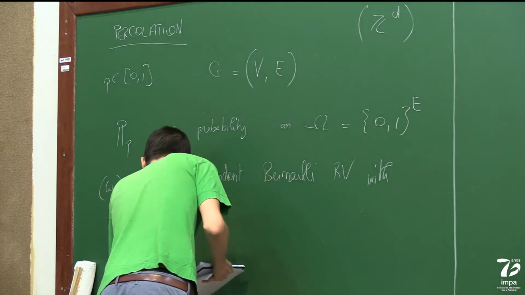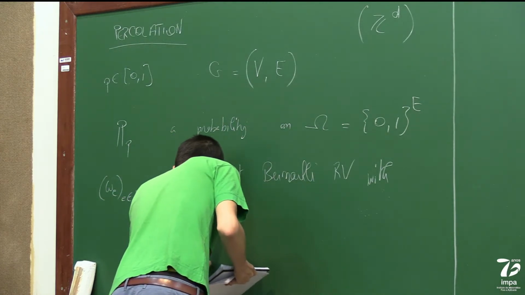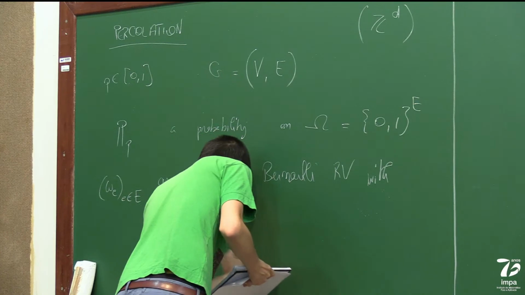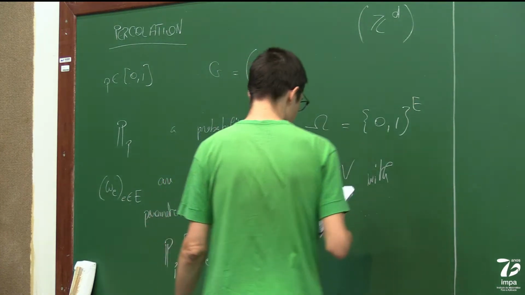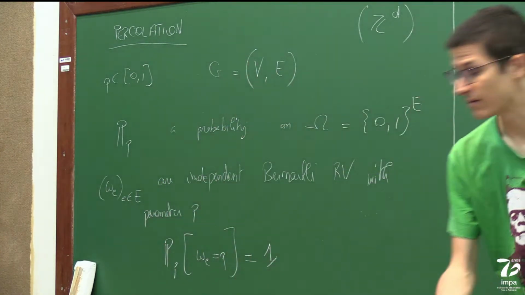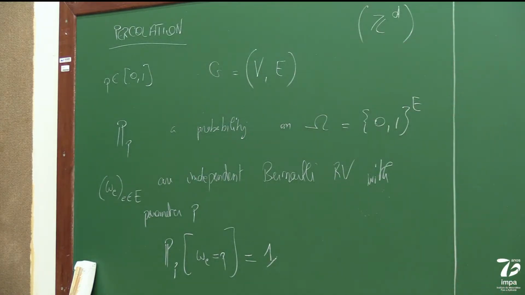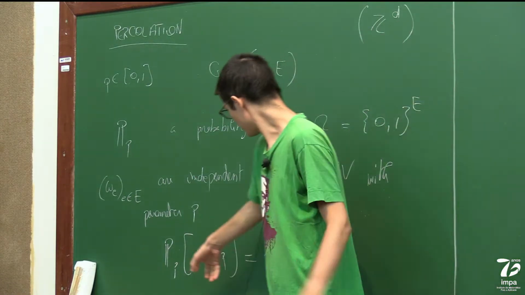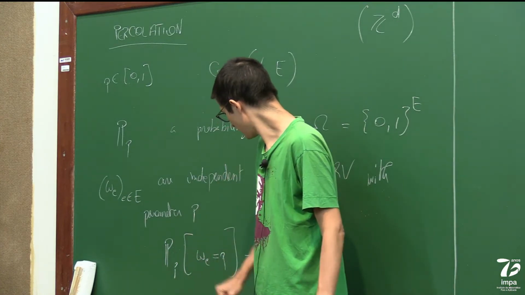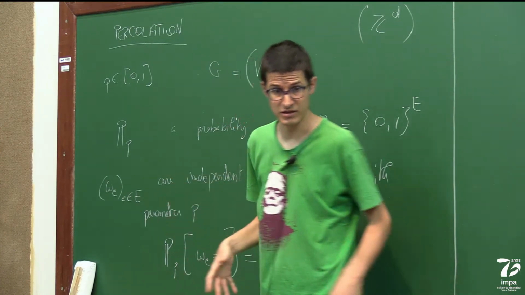By this, I just mean that the probability that omega(e) is equal to 1 is equal to p. Okay, and independence allows you to compute the probability of a product of such events for different edges.